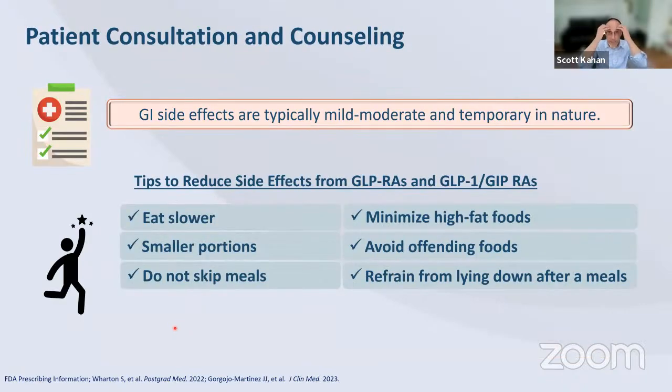Some basic tips for people that get the gastrointestinal side effects, whether nausea or the other gastrointestinal side effects. Eating slower really can help. So suggesting to patients to try to do that is useful. Smaller portions is especially important. Because of the delayed gastric emptying that occurs as a side effect of either of these medications, when there's more food that just sits around in the stomach and the intestines, that can precipitate some of these side effects.